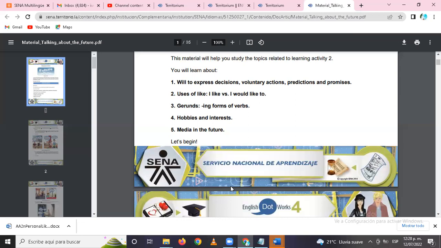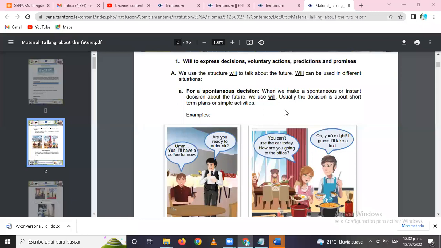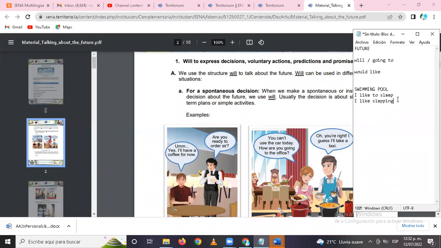We can use will for a spontaneous decision. I was showing you this swimming pool. I like to sleep, I like sleeping, because I think you couldn't see it.